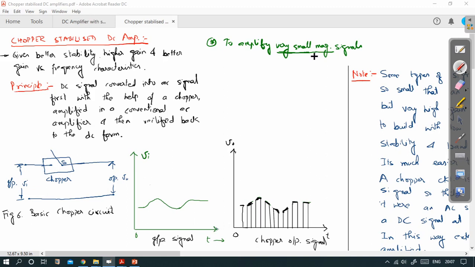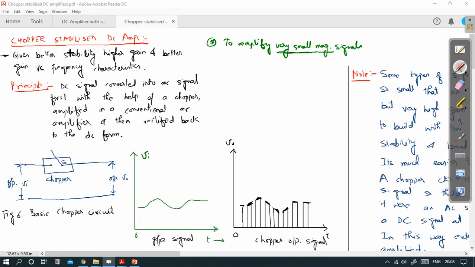We can think of designing very good amplifiers having very high gain, so that they can be used directly to amplify these small magnitude signals. That can be done, but that is a costly affair. Hence there are some other good alternatives available. One of them is a chopper stabilized DC amplifier. Let us see.